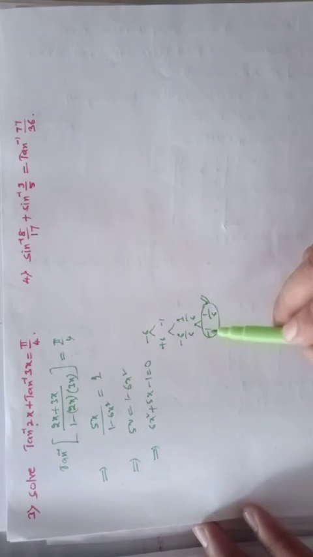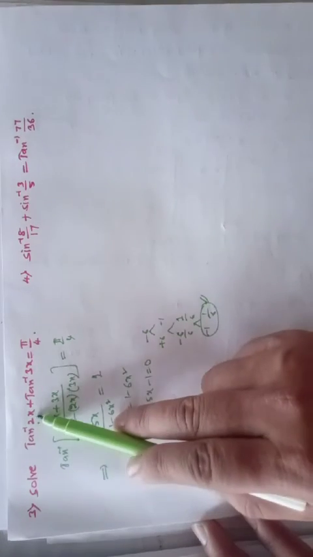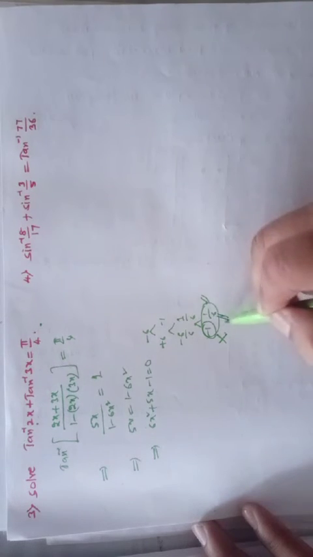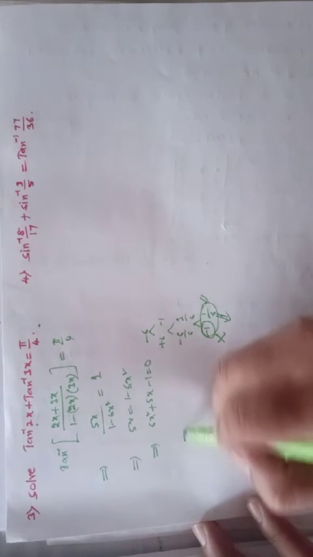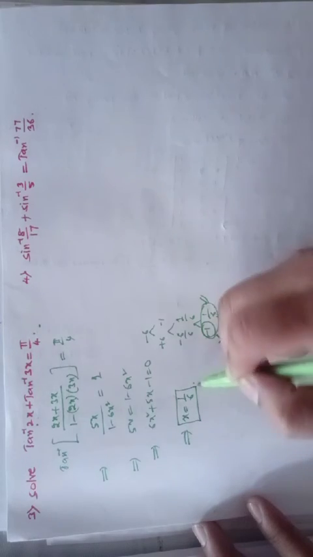These minus 1 and 1 by 6 are the roots. And minus 1 obviously will not satisfy for the positive value, so minus 1 cannot be taken. Only 1 by 6 can be taken. So this implies x is equal to 1 by 6 is your answer.